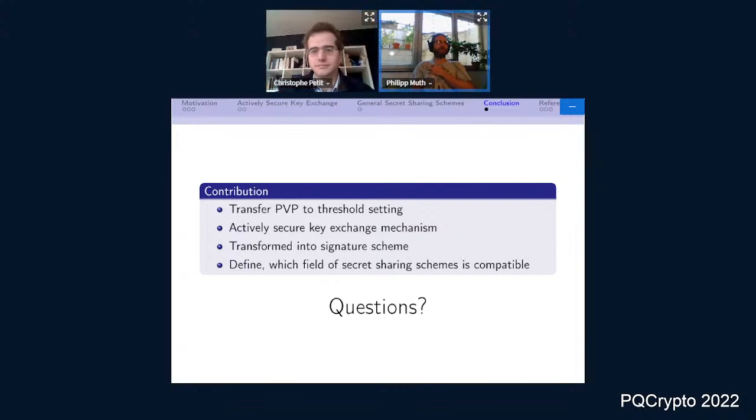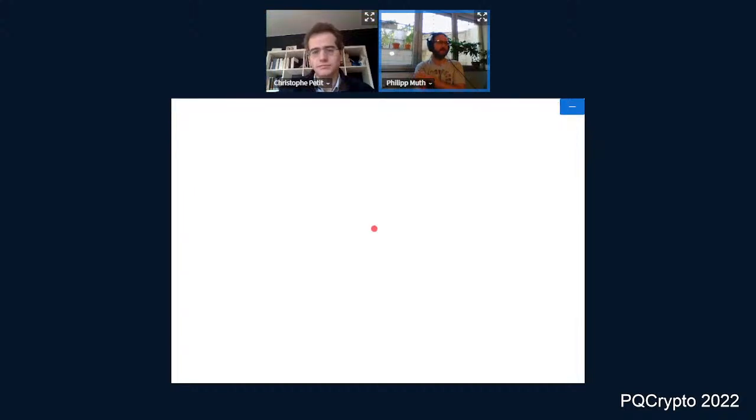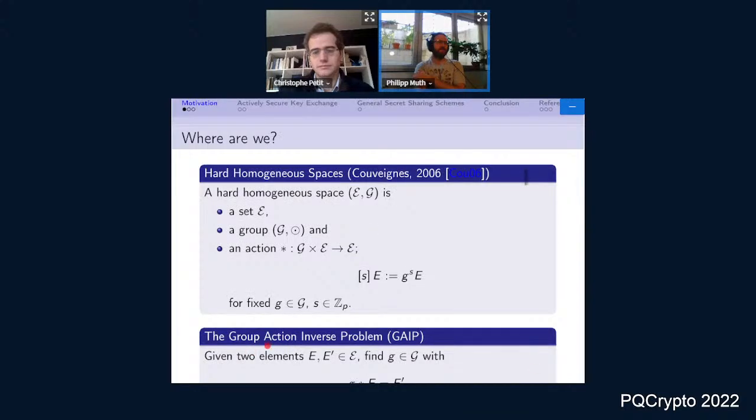Do you mean what hard problem we rely on? Yeah, the assumption. So at the basis of this is, give me a second and I'll jump to that slide. At the basis is this group action inverse problem, on which in a hard homogeneous space some other problems are based. So you're relying on that one, no other assumption?